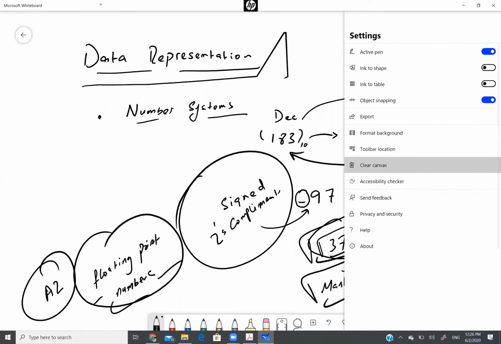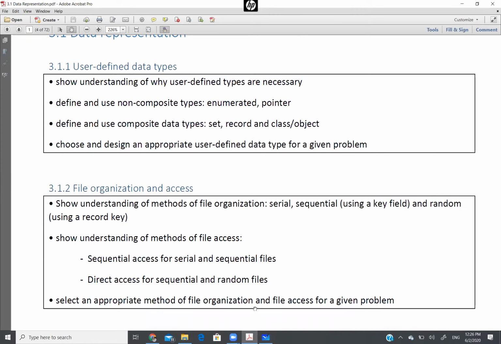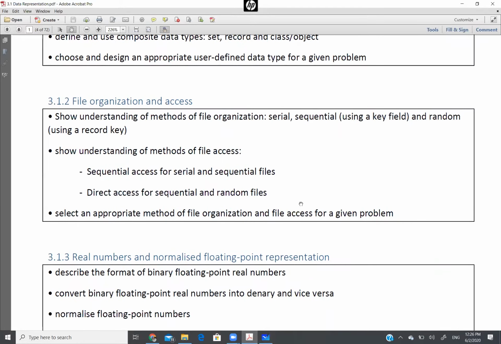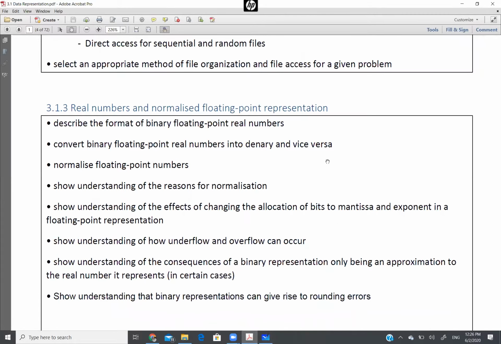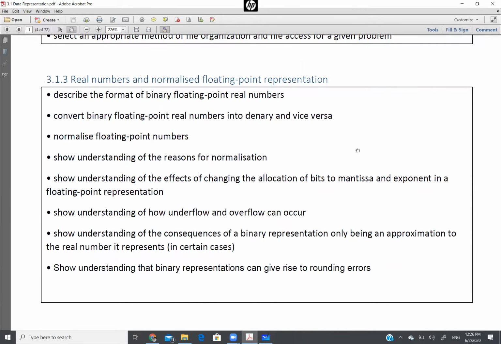All right, so let's have a look at the notes. User-defined data types, we're going to do this later. It's easy, it's fun. File organization and access, this is just the theory part. So we're basically doing 3.1.3 first, the real numbers and normalized floating point representation. Real numbers are basically numbers having a decimal portion, okay?